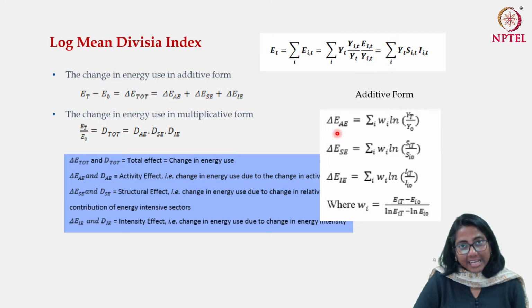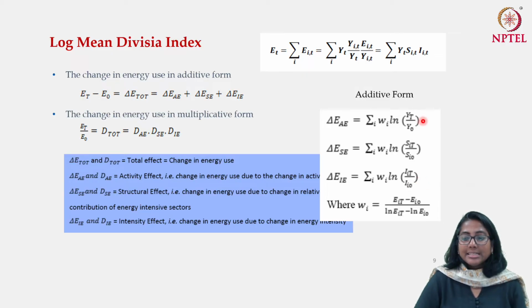Coming to the additive form, if you want to calculate these effects, the change in energy demand due to change in activity is given by summation over i of Wi ln YT by Y0. The structural effect is given by summation of Wi ln SIT by SI0, and the intensity effect is given by summation of Wi ln IIT by II0.